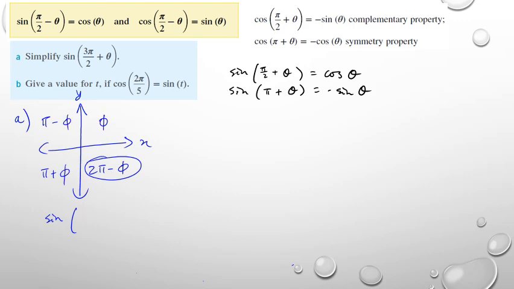What that means is this will be the same as 2 pi minus some angle that we don't know, and we'll say it's the same as 3 pi over 2 plus, and we'll say that this angle phi is the same as us doing pi on 2 minus theta.